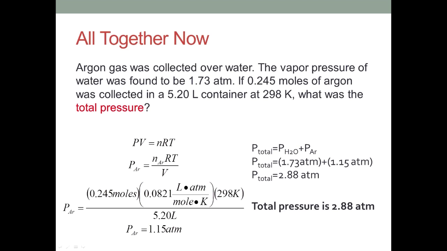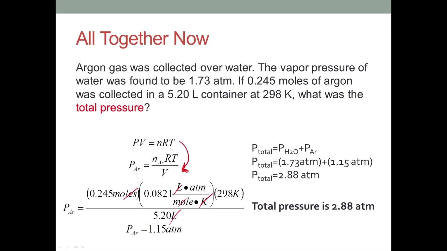So we're going to use the ideal gas law, PV equals nRT. We're going to solve for pressure, so you just divide by volume here. And then we're going to substitute what we know into the equation, once again using our ideal gas constant, and we see that our units are going to cancel.